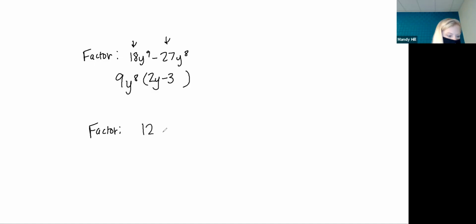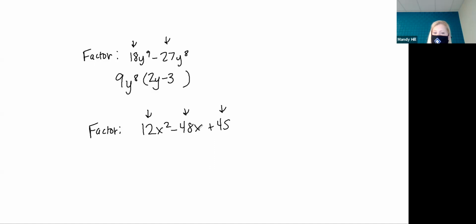Factor 12x squared minus 48x plus 45. The first thing I want to do is say, 12 and 48 and 45 have a number that's in common that I can pull out of all of those. I'm thinking 3.